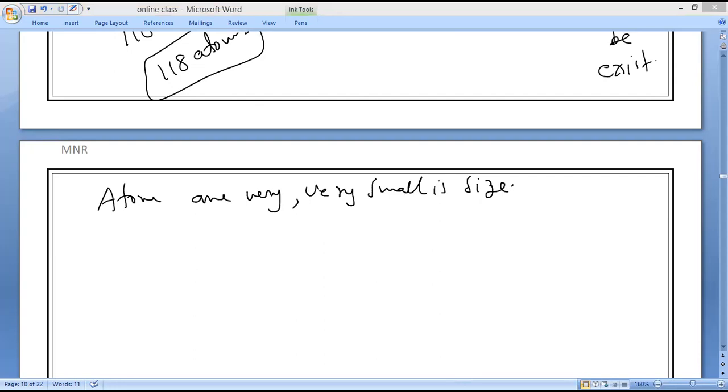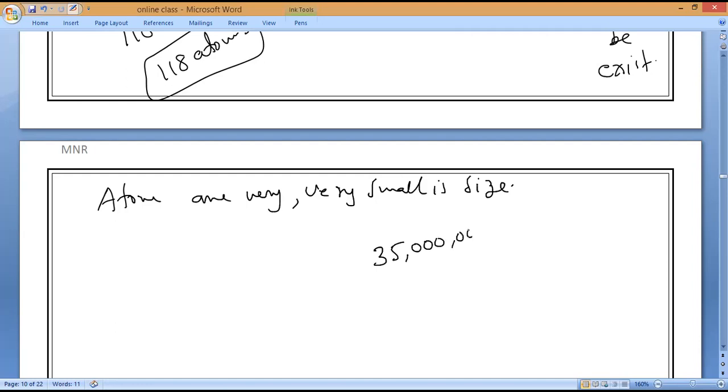For example, sir, how small is it? You might be asking me. The small size of atoms can be understood from this fact: if you arrange around 35,000,000 copper atoms, how much would that be?